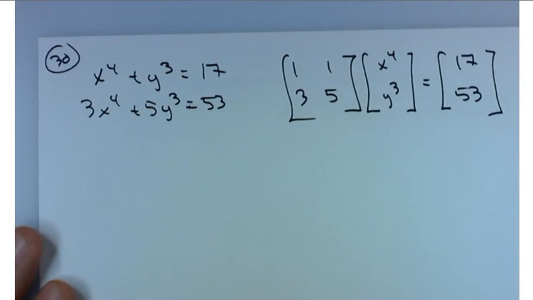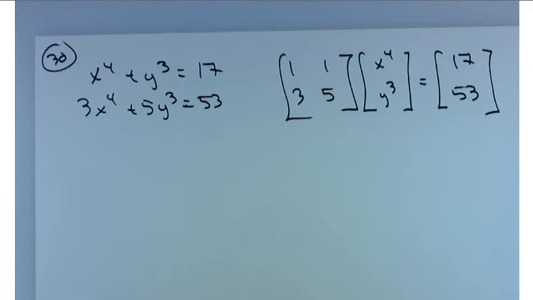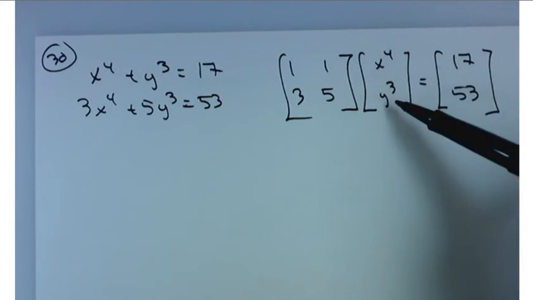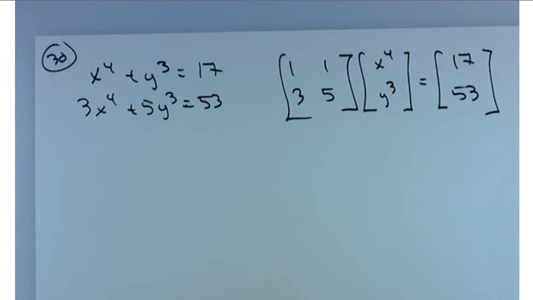The only thing that you have to keep in mind is that when you're all done, your solution wouldn't be x and y. What would your solution be? You'd have x to the fourth and y cubed. You'd still have to take the fourth root and the cube root to finish solving. So you can do it that way.